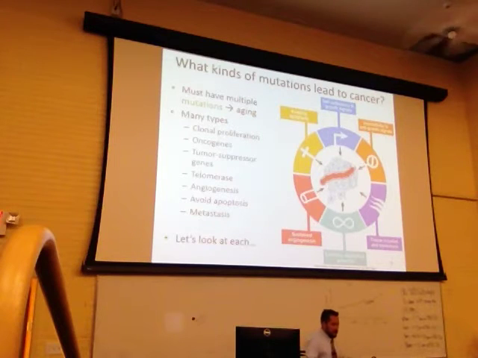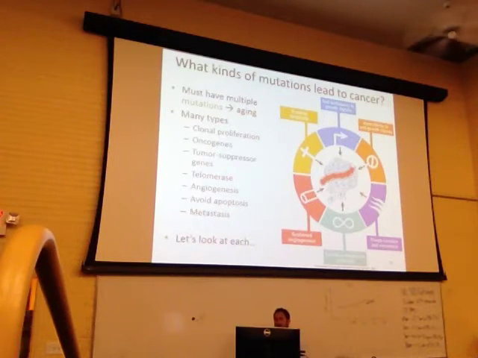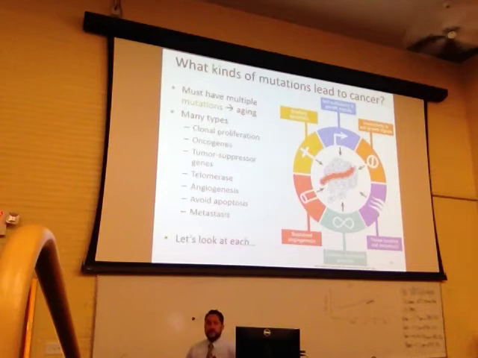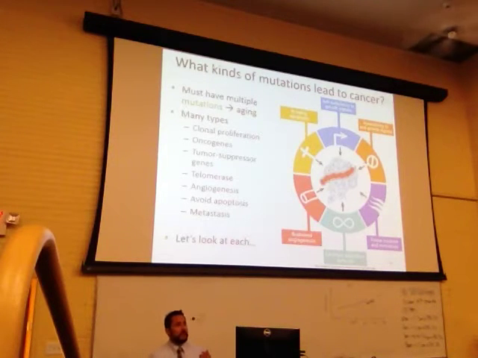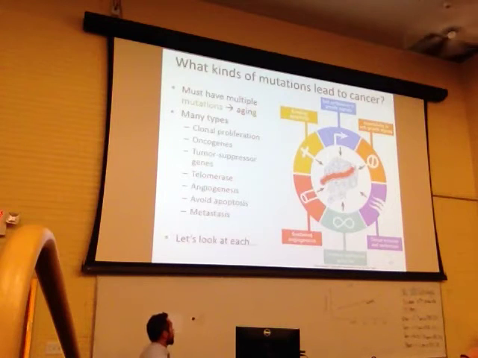Now, typically, we're going to look at examples of many of these, right? And when you have cancer, most often you actually have to have mutations in two or more of these events or capabilities within a tissue or a cell. So let me explain.